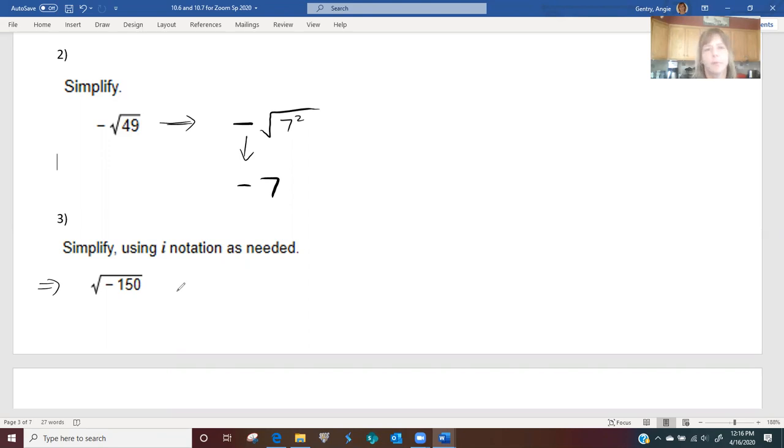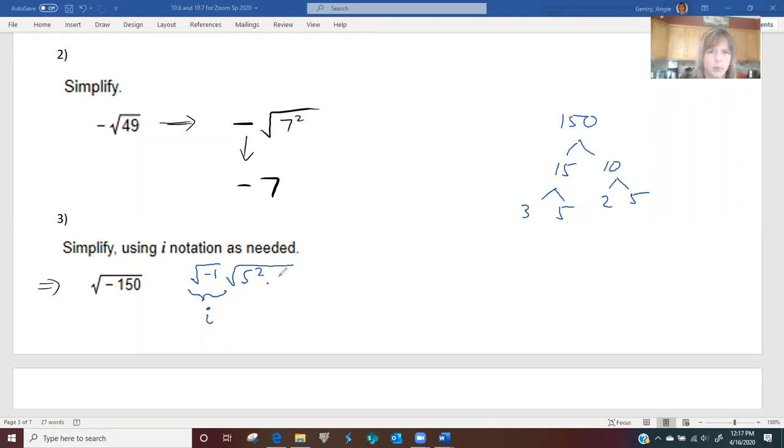Square root of -150. So we're going to say, well, that's the square root of -1, which is an I, times the square root of 150. So 150. I'm going to make a tree. You might have a calculator. You could say 2 times 75, but how about we do a 15 and a 10 because that's easier mathematically. 5 times 5 is 5 squared times 3 times 2, you see?